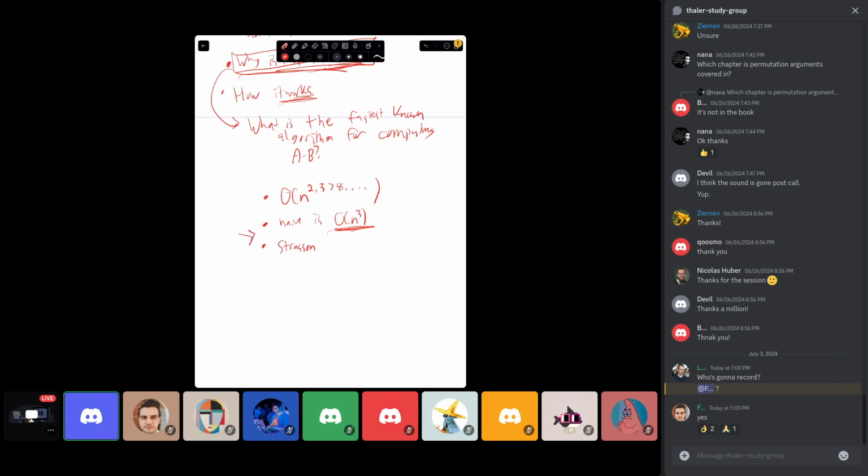But anyway, there was an improvement to this sometime in the 70s or earlier, between 1940 and 1970. Strassen realized you could do better, and his algorithm runs in something like n to the 2.8 or something.